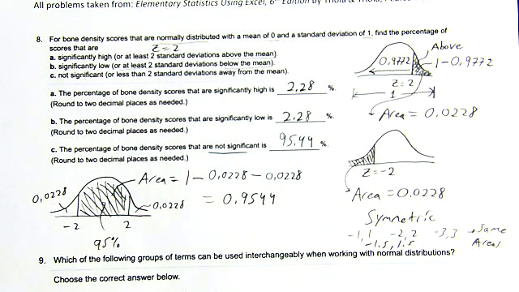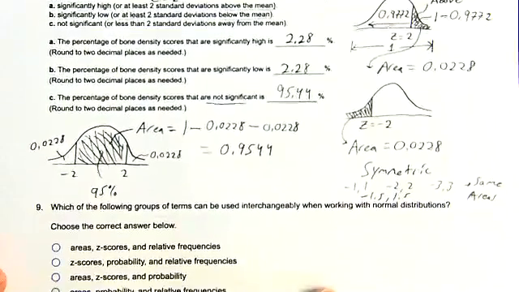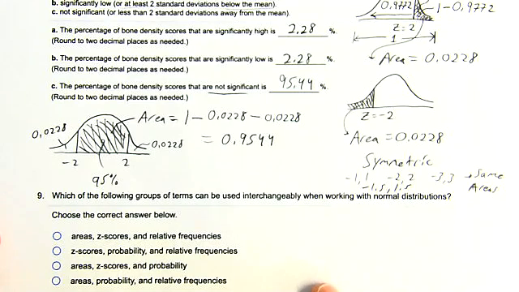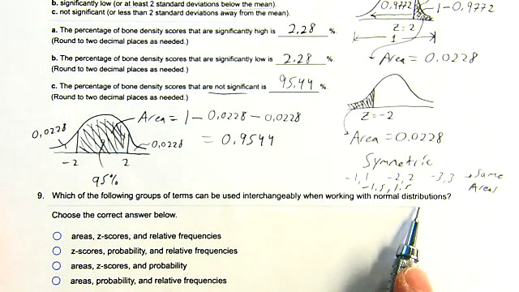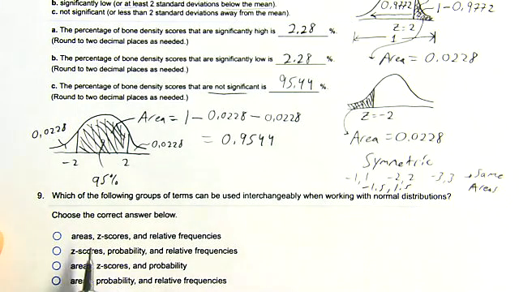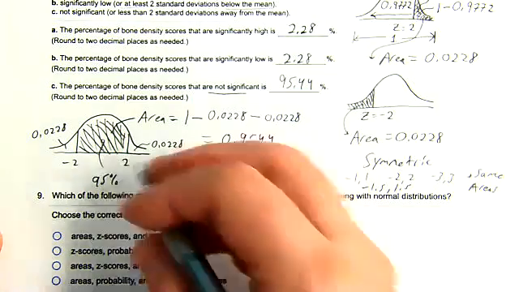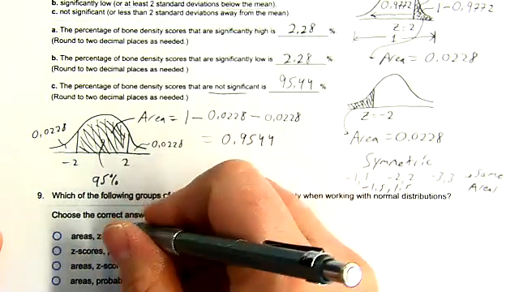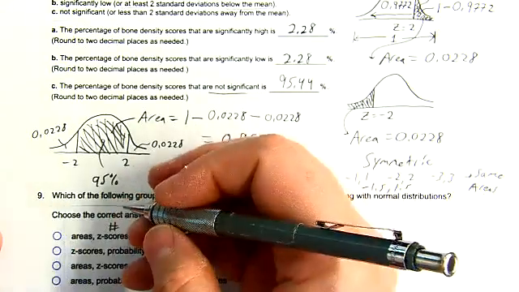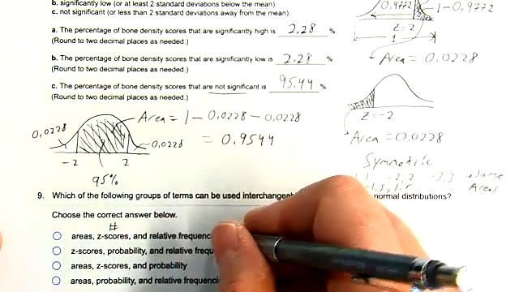Okay, then our last two are just kind of a vocabulary refresher. Number 9 says, which of the following groups of terms can be used interchangeably when working with normal distributions? Areas, z-scores, and relative frequencies. A z-score is a number. It is not an area. A relative frequency is an area.